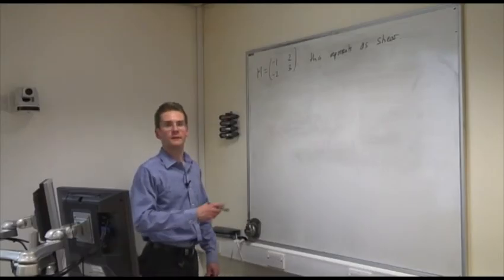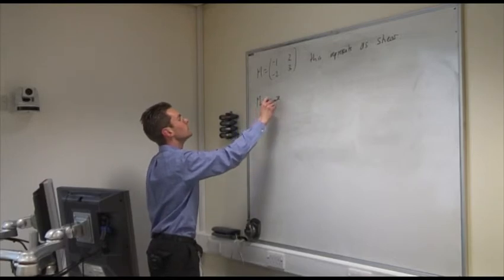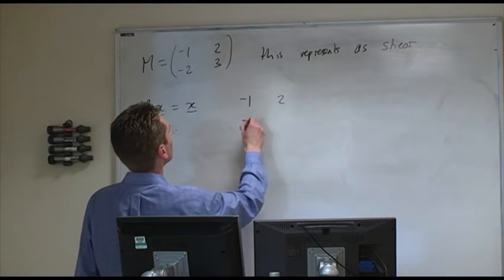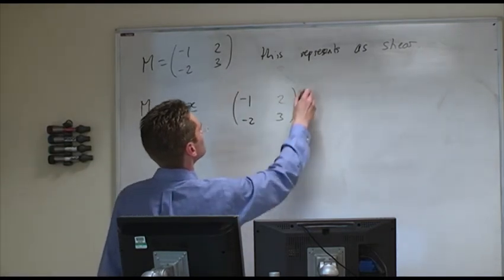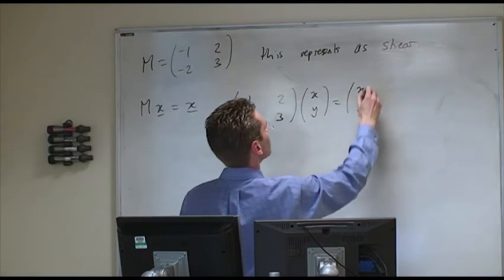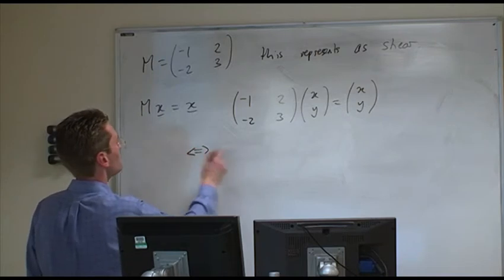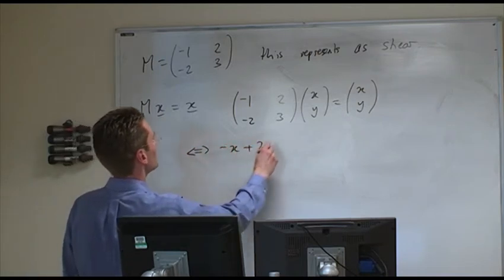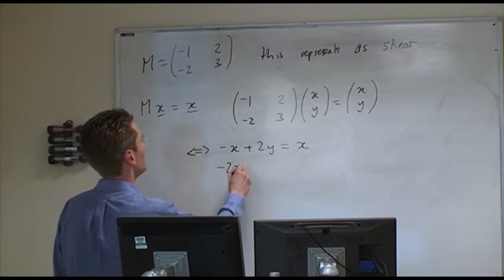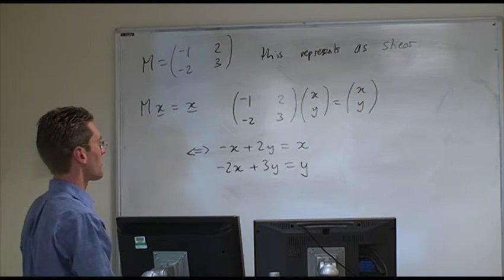We can now find the eigenvector. Again, we need to solve mx equals x. Let's substitute that in. This, yet again, yields two simultaneous equations. Minus x plus 2y is equal to x, and minus 2x plus 3y is equal to y.